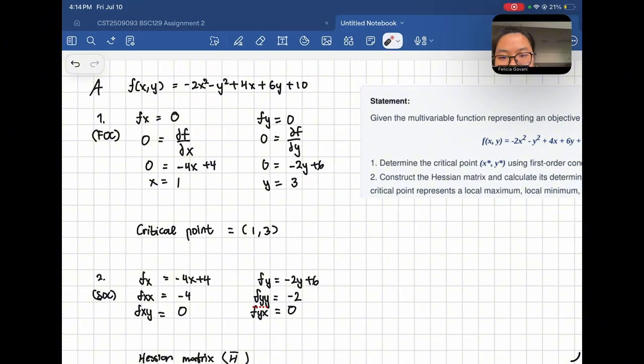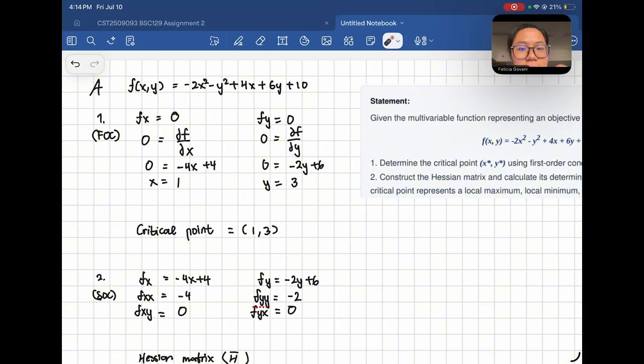The function is minus 2x squared minus y squared plus 4x plus 6y plus 10. If we differentiate this with respect to x, the minus 2x squared becomes minus 4x, and 4x becomes 4, and the rest become 0. After that, because it equals 0, x equals 1.